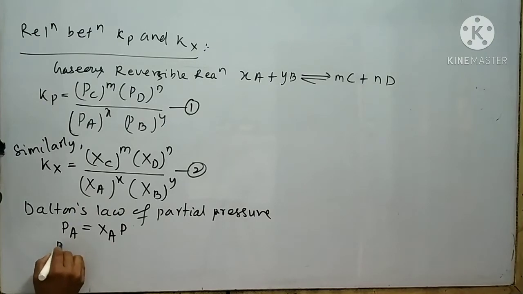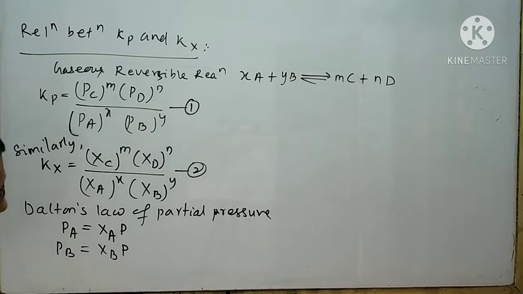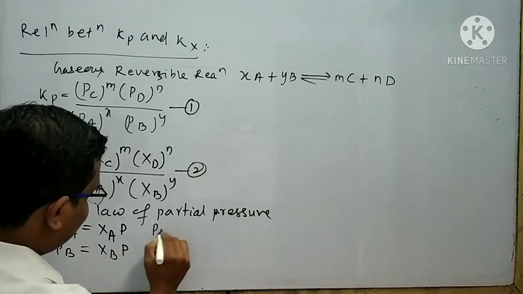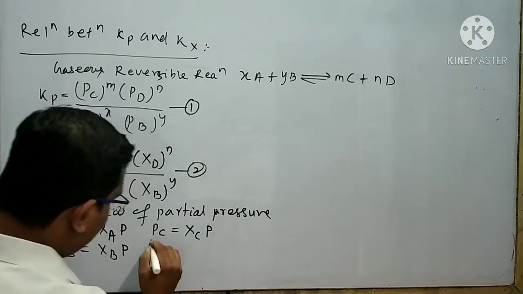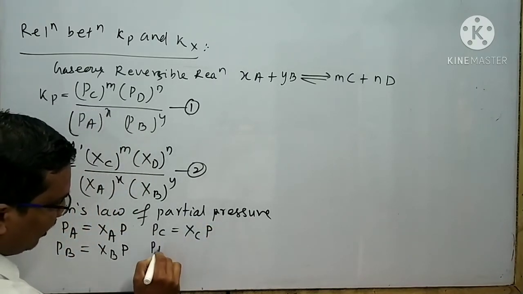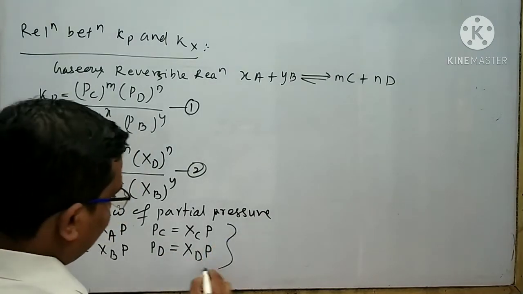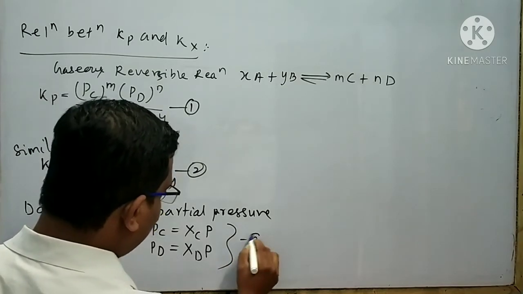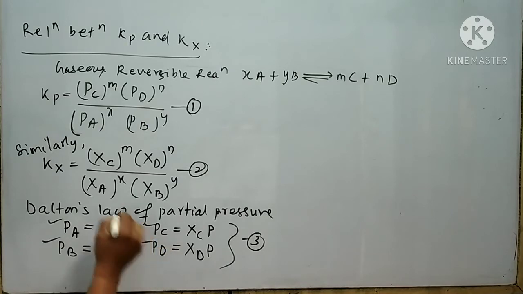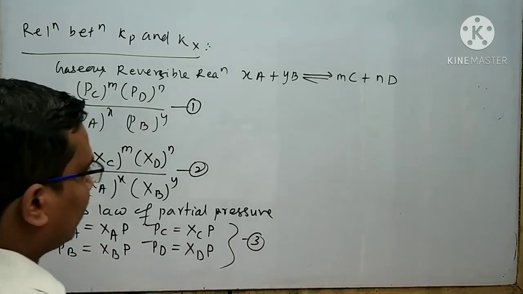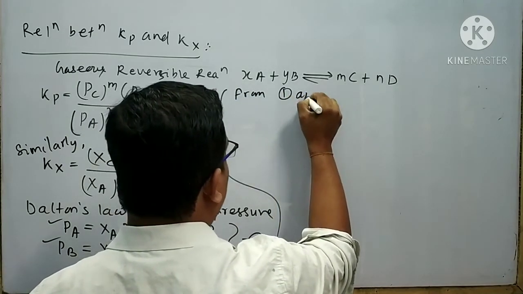Similarly, I can write Pb equal to Xb into total pressure P. Similarly, I can write Pc equal to Xc into P. Similarly, I can write Pd equal to Xd into P. Suppose these are taken as equation 3. Now put the values of Pa, Pb, Pc and Pd in this equation. Then I can write from 1 and 3.